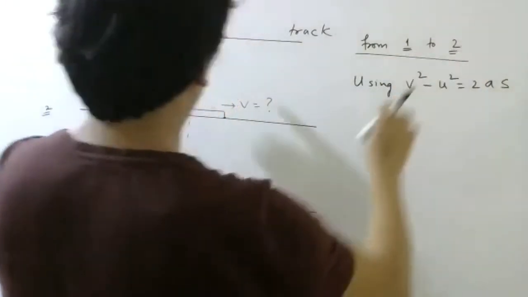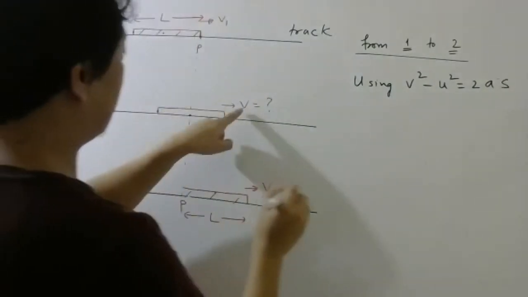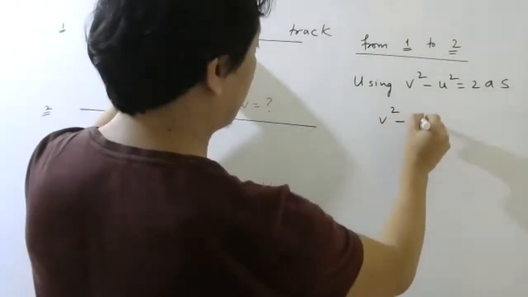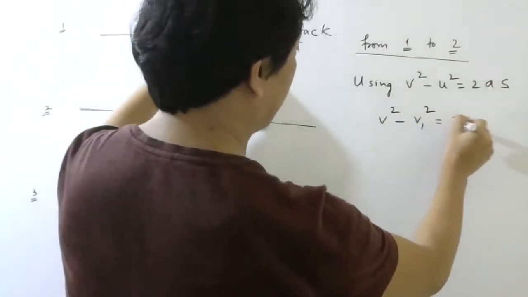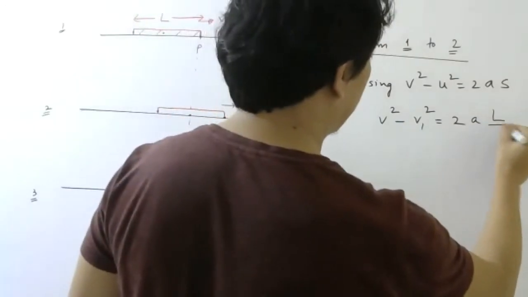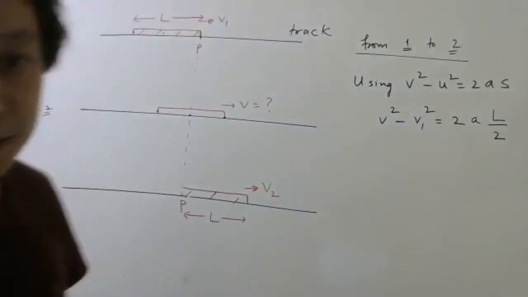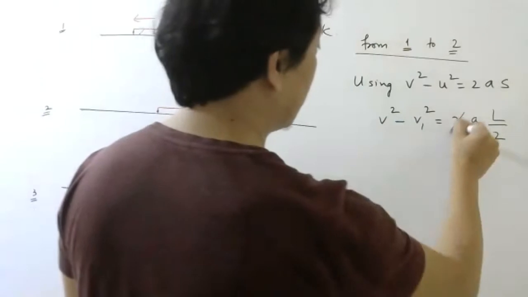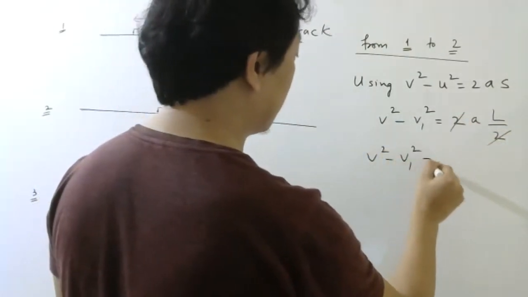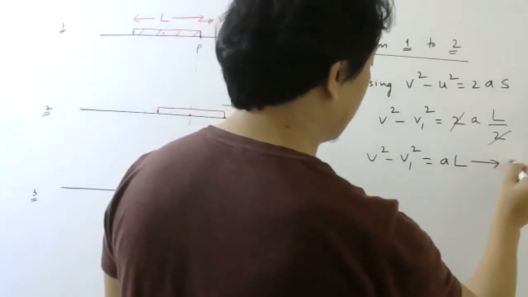From 1 to 2, final velocity of the train is v. Initial velocity they told is v1. Acceleration is constant. And displacement is L by 2. Correct? 2 will cancel. V square minus v1 square equals AL. This is your equation 1.